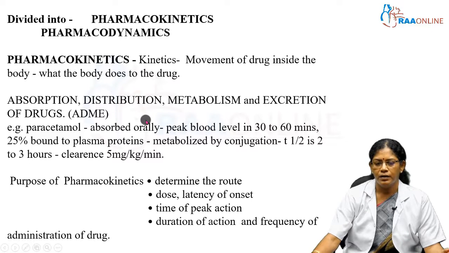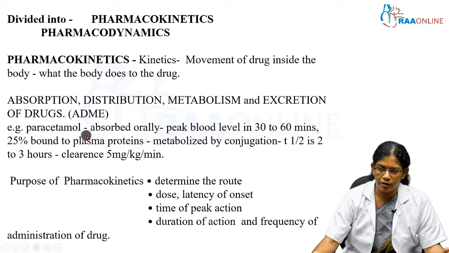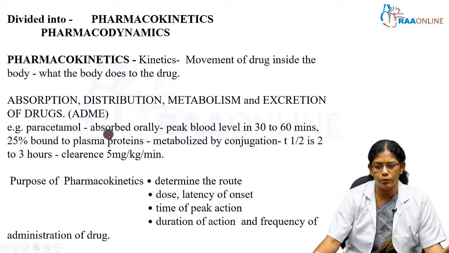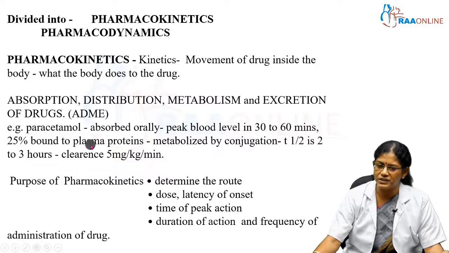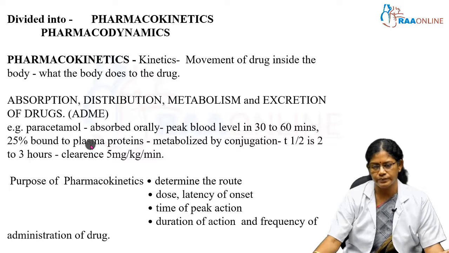For example, paracetamol, the common paracetamol we are taking, is absorbed orally. When it is given by oral route itself, it absorbs nicely, and it reaches its peak blood level in 30 to 60 minutes. Whatever paracetamol amount you are taking, 25% is bound to plasma protein. Only 75% of the drug is available as free drug and produces the action.